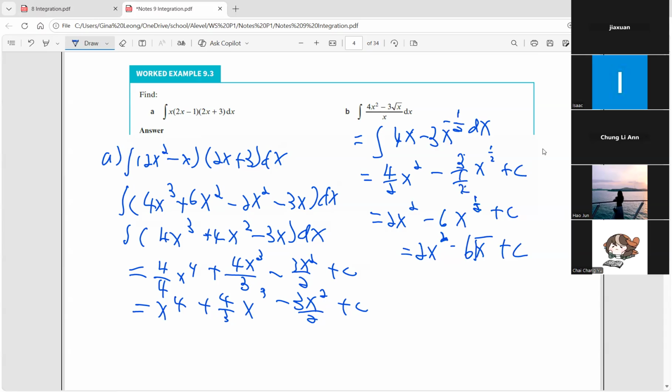The improper integration, that one I will explain to you because that one is talking about the limit. So that is the new thing for you starting from 9.8. Other than that, actually it's the same as you learned in your SPM or your IGCSE at most. Okay, finish.